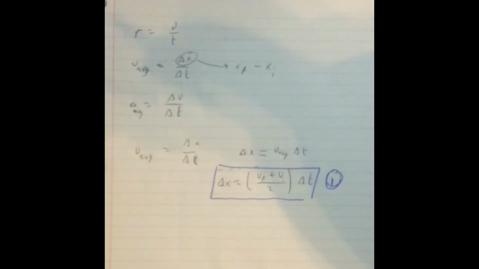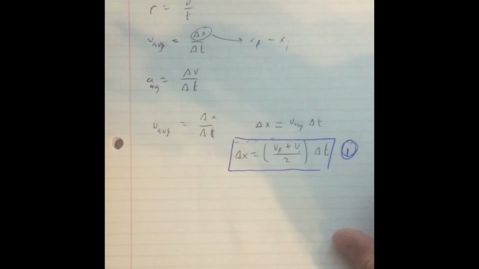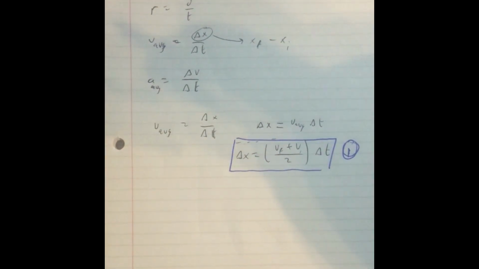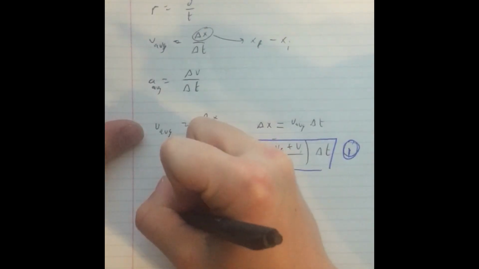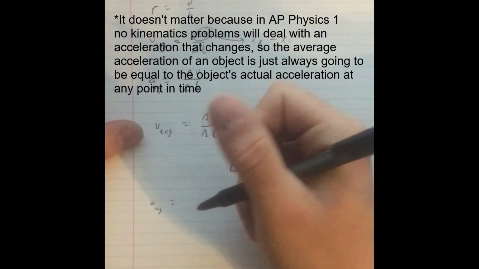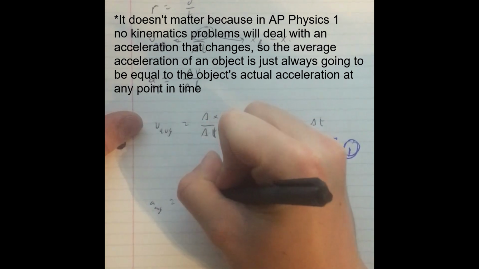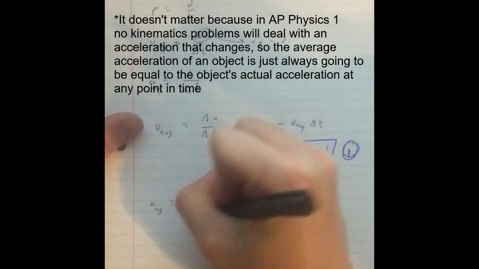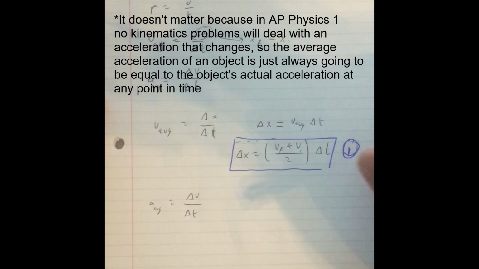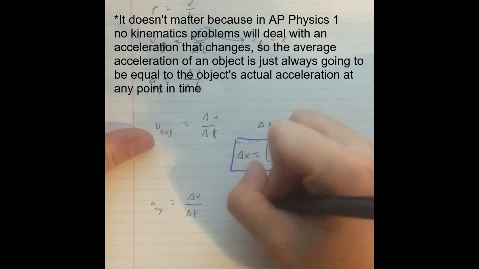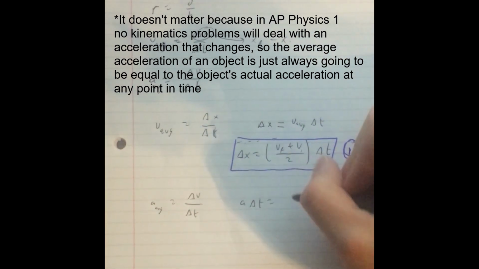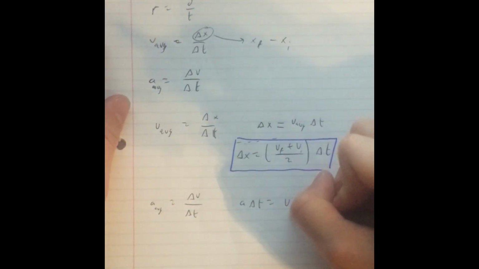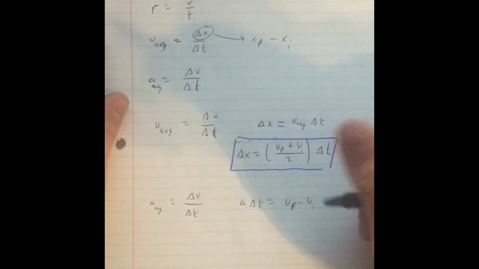Okay. Now that we've done that, we can start with the next equation here. Acceleration, you could write average or not, it doesn't matter too much, equals change in velocity over change in time. Now we can rearrange this to be acceleration times change in time equals change in velocity, which is just final velocity minus initial velocity.